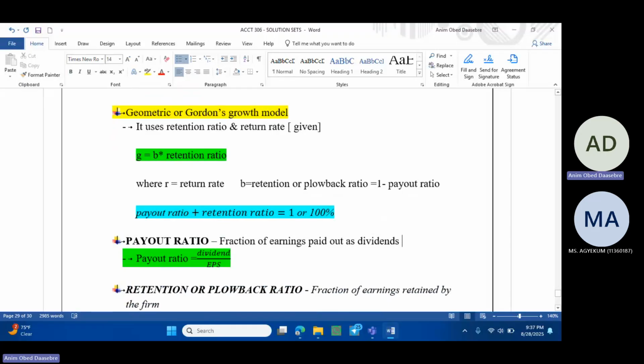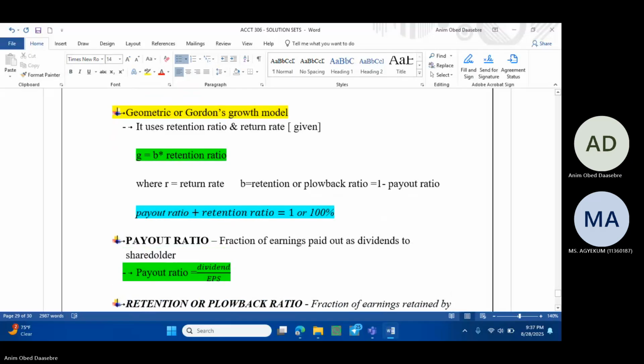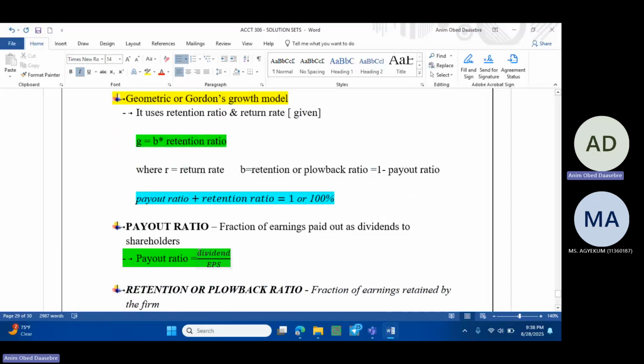The proportion of your earnings that is paid to shareholders.